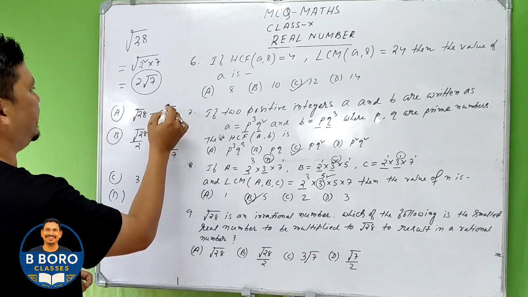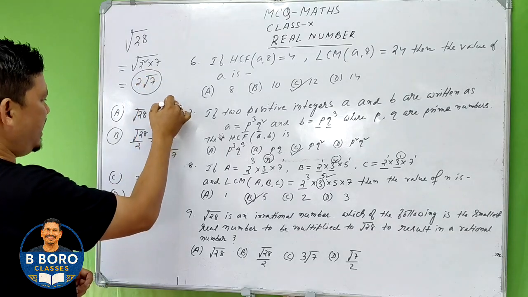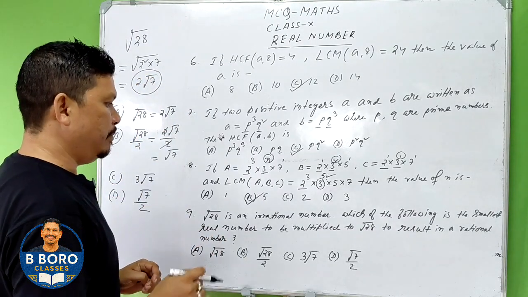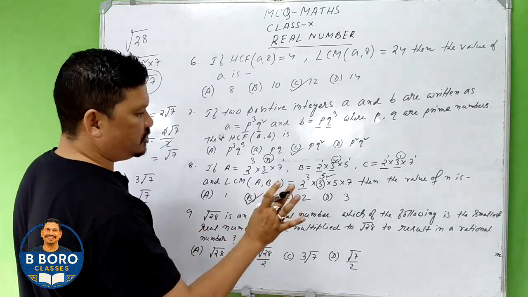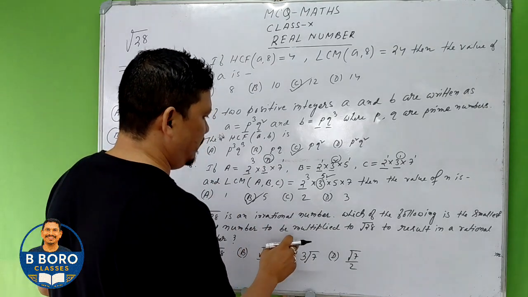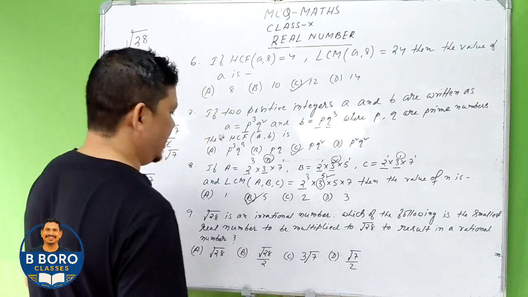Now if we compare, when we multiply 2 root 7 by any one option, the result becomes a rational number. But our question is, root over 28 is an irrational number. Which of the following is the smallest real number to be multiplied to square root of 28 to result in a rational number?